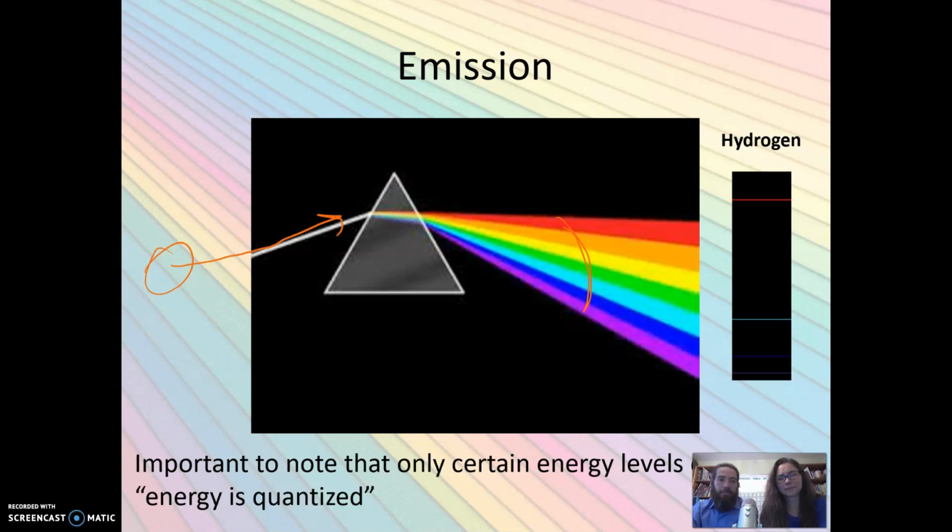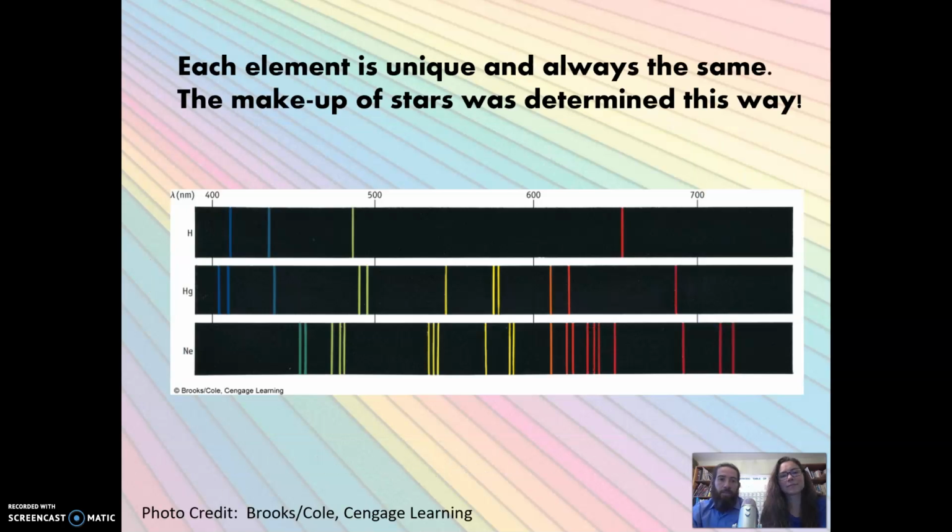On this next slide, we've got 3 different elements. We've got hydrogen on top, and you can see those 4 lines a little better in this one. And we've got mercury and neon, and it doesn't come as a surprise that there are more lines for mercury and neon, because they have many more electrons, and hydrogen has only 1 electron.